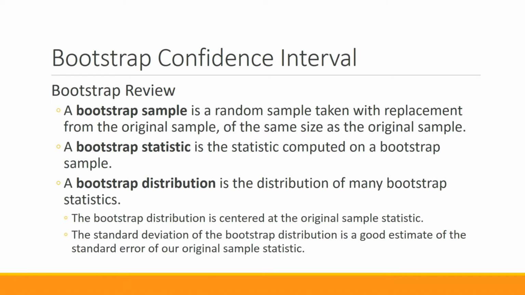So all this data we're collecting on the Bootstrap distribution comes from the original sample, so it will be centered at that original sample statistic. And also, the standard deviation of the Bootstrap distribution is a good estimate of the standard error of our original sample statistic.